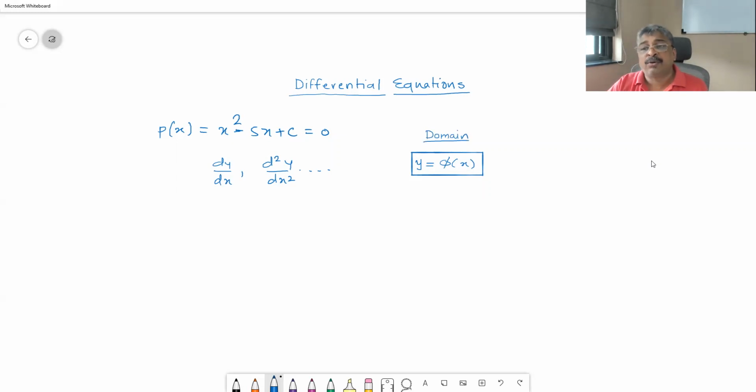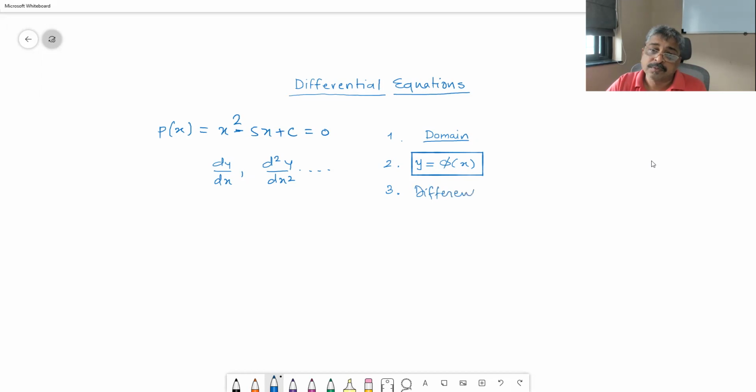Of course, you have to find out the function, and moreover, the third thing which is required, this is first, this is second, that means you find out the domain, you find out the function such that for every x in the domain, this function is satisfied or it is valid. And the third thing which is most important is that in this domain, this function must be differentiable.